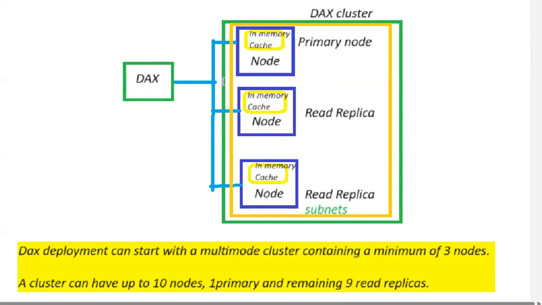So while creating the cluster, you need to provide the cluster name, how many nodes you want, the node or instance type you want, whether you want to encrypt your memory, which VPC you want to place this cluster in, and the subnets, which are optional if you have a specific specification.